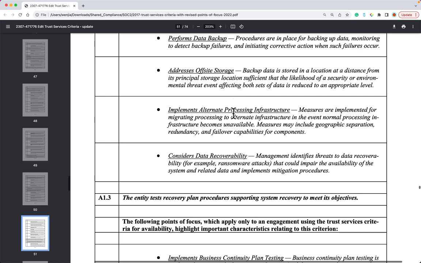Like how can we deal with some data processing? Do we still have the ability to deal with some computation if we are facing internet connection issue? So we need to have some alternate processing infrastructure.